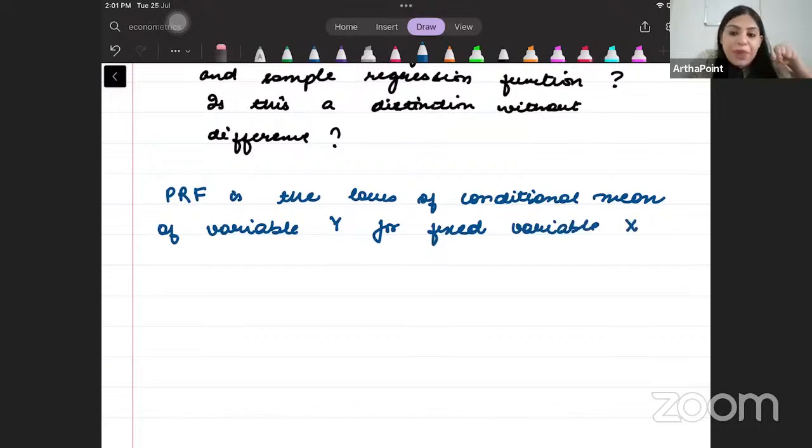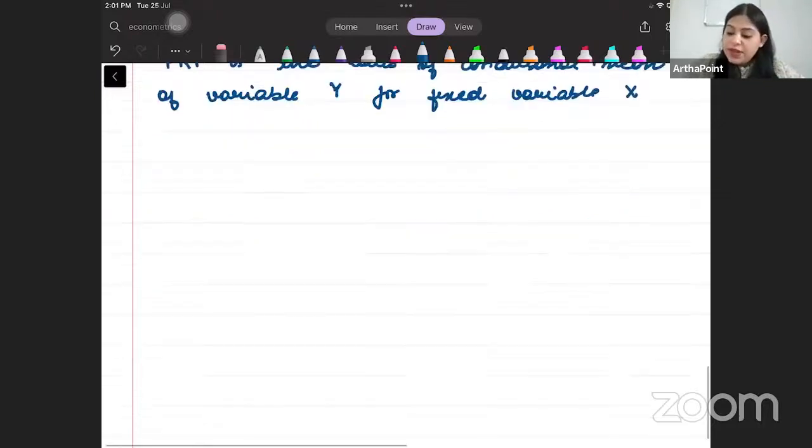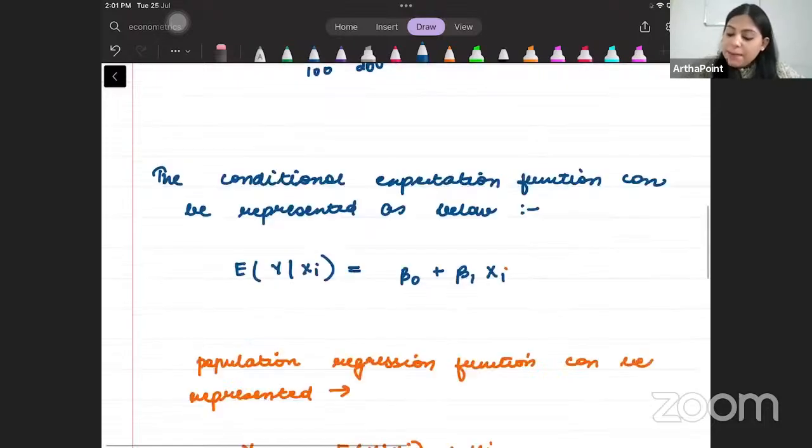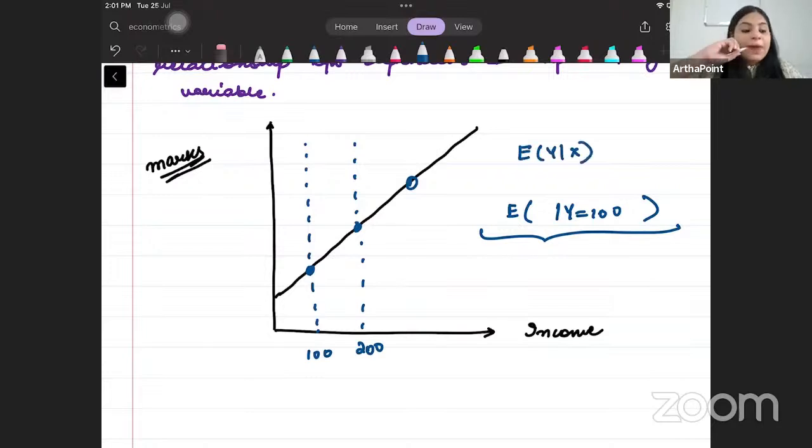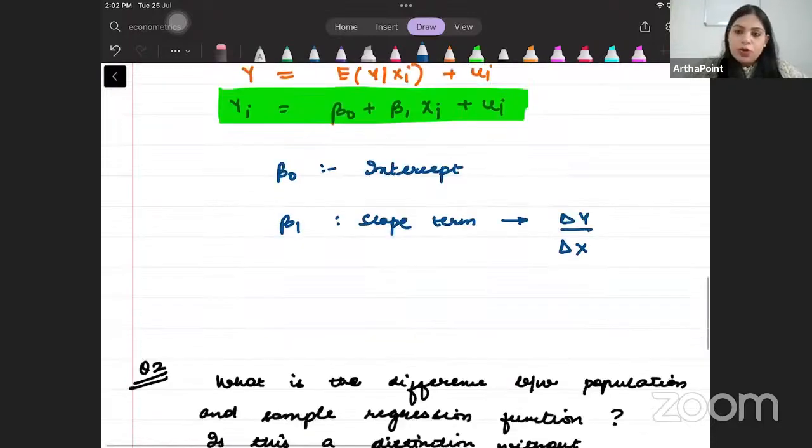So when I pass a line through the conditional means of y's given x's, beta, this is not y, this is income. So the conditional mean can be written as E of y given x. When I pass a line through the conditional mean of variable y for fixed x, that is called the population regression function.